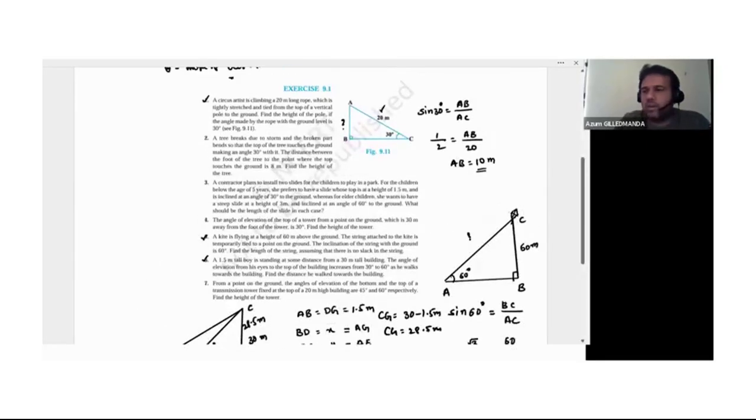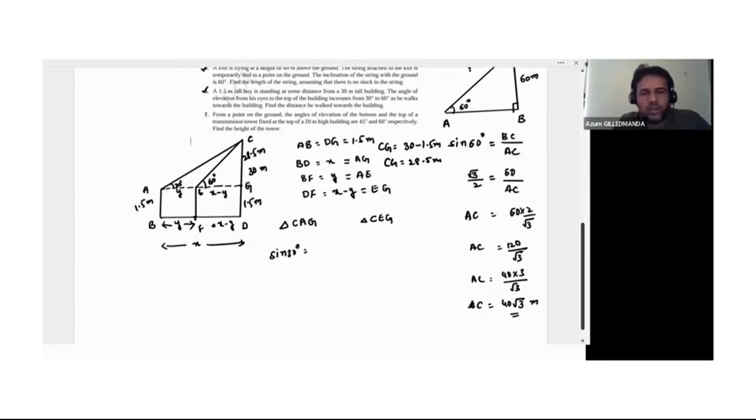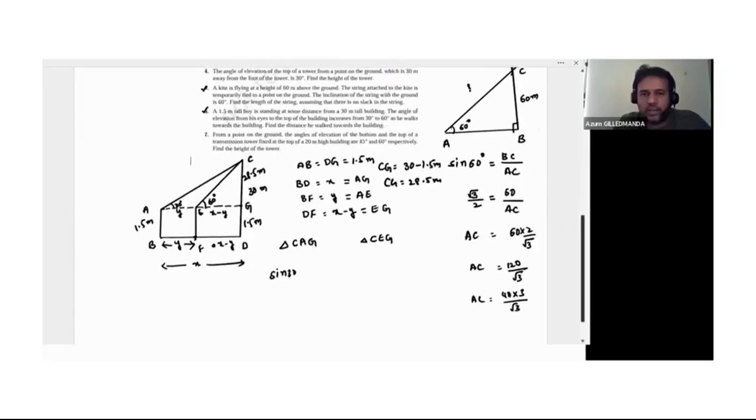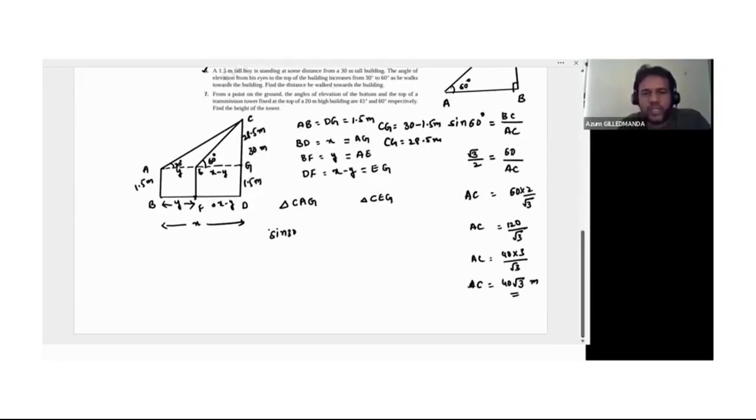So we need to use tan here because the relation is between opposite side and adjacent side, right? That's where we need to make the decision which trigonometric ratio we should use, because we are talking about the opposite side and the adjacent side. So instead of sine, I'll use tan 30.